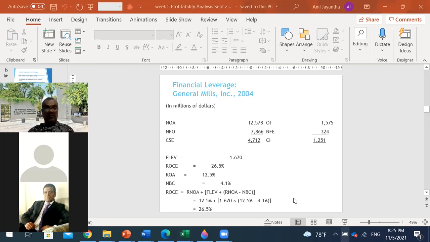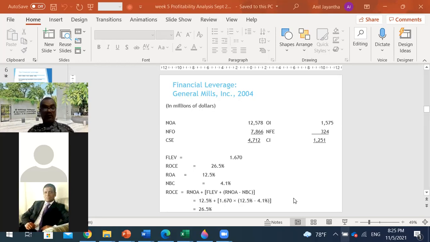You see, that is why you have a big impact of this financial leverage on ROCE. You can easily reconcile and see, in a company where your net operating assets are capable of generating simply somewhere 12.5, whereas your owners, equity holders, get 26.5.